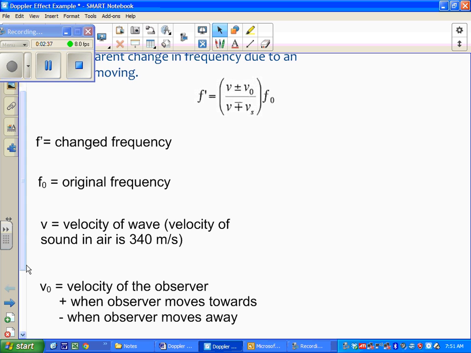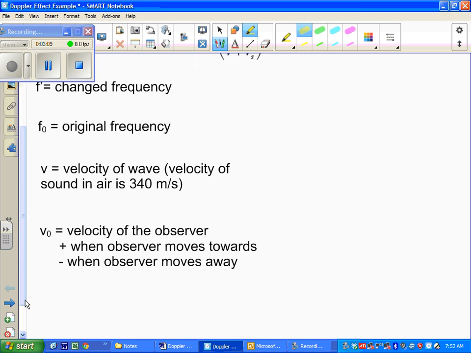We also have v naught. v naught is the velocity of the observer. It is how fast the observer is moving. And you'll see there's a plus or a minus out in front. We're going to keep v naught positive if the observer is moving towards the source. And v naught is going to be negative out in front if the observer is moving away from the source. So it's going to be positive once again if the observer is moving towards the source, and negative if the observer is moving away from the source.